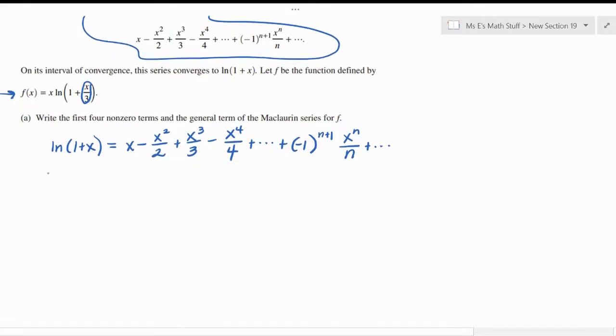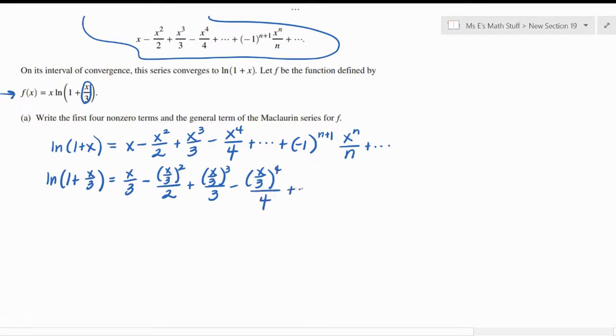So now for building up this function right here, I would first use substitution to get the inside function to match. So natural log of 1 plus x over 3. And you could just replace all the x's with x over 3's. And how much you simplify is totally up to you. So it could look like this.